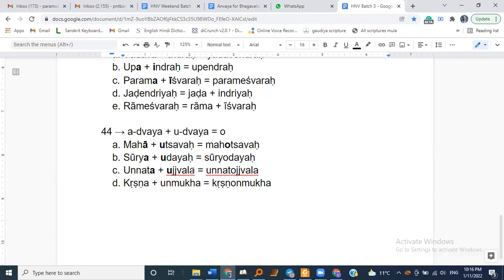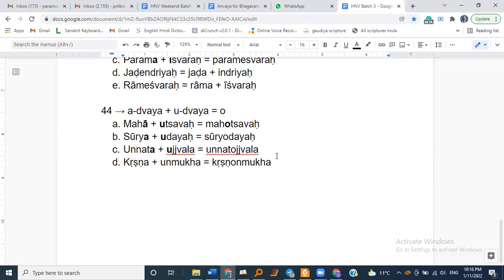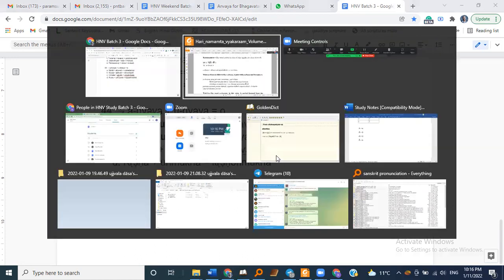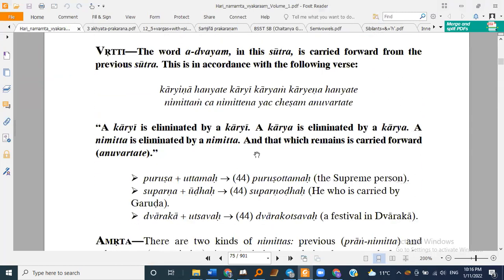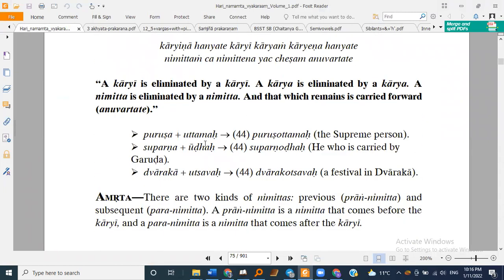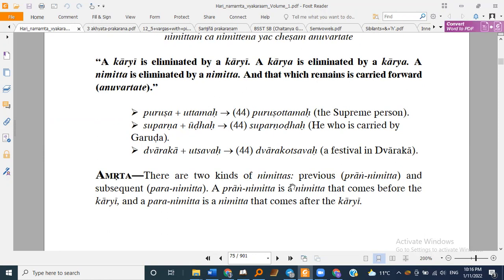And all these sandhis are very common. You will find them practically everywhere. Jīva Gosvāmī gives examples like Purusha Uttamaha, which becomes Purushottamaha, Suparna Yukta Udhaha, Suparnodhaha, Dvaraka Yukta Utsavaha, Dvarakotsavaha, ityadi.